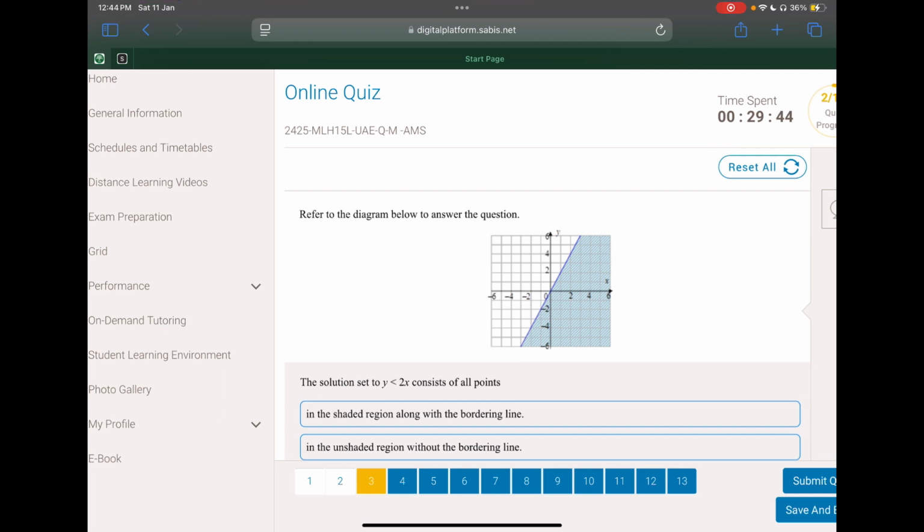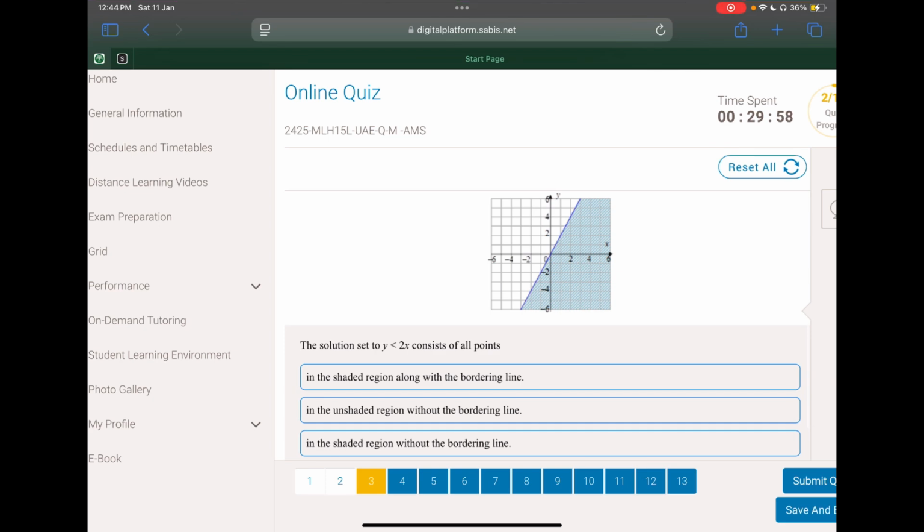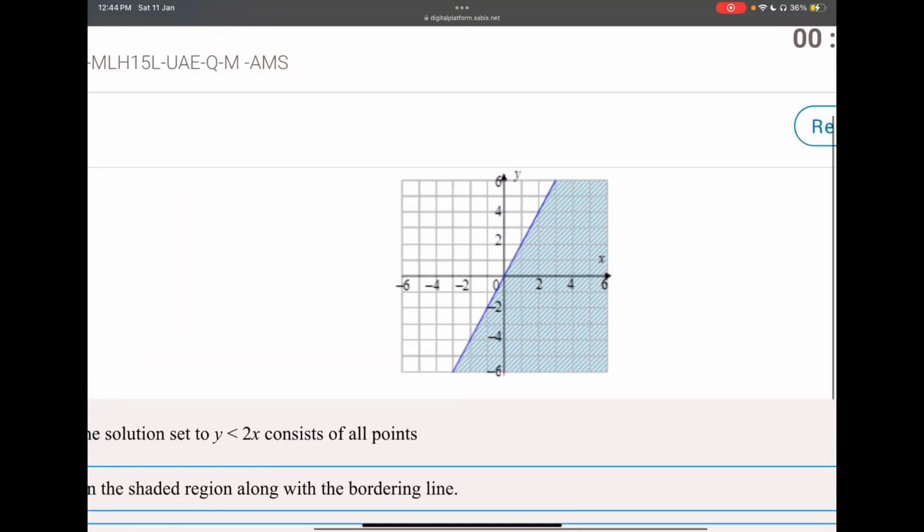So here we have the inequality. The solution set to y is less than 2x consists of all points. So what does that mean? What does y is less than 2x mean? These are points that lie below the line y equals 2x.